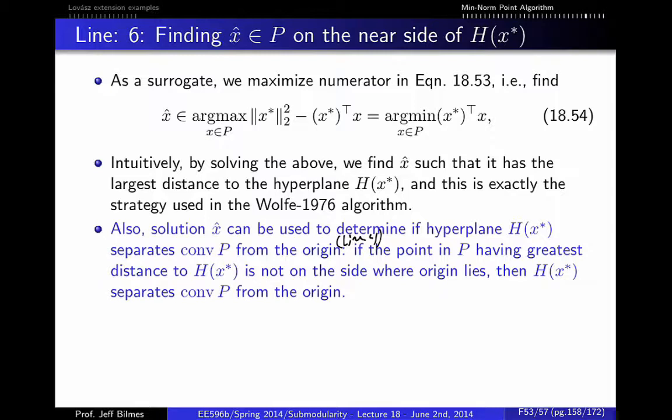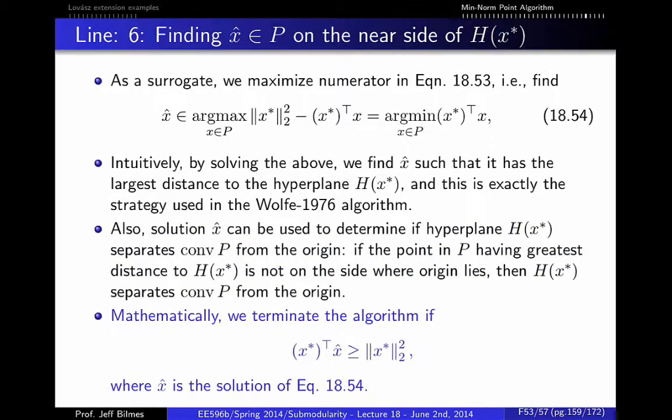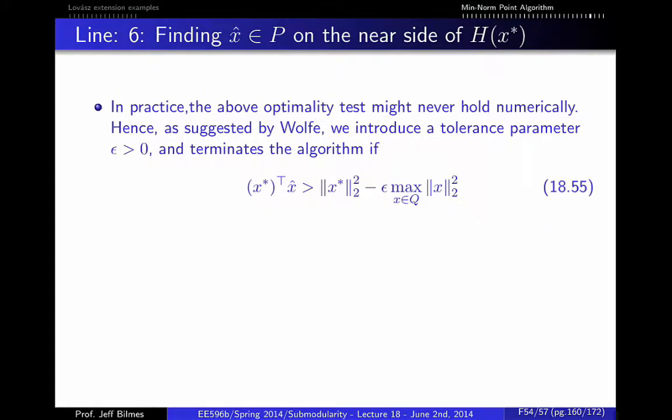And then if the point in P having the greatest distance to H star, which is again what Edmonds' greedy algorithm gives us, is not on the side where the origin lies, then H of P separates the convex hull from the origin. And so in such a case, we terminate when we get the x hat from Edmonds' greedy algorithm, and we terminate the algorithm if this is true. And that's the thing that gives us line 4.